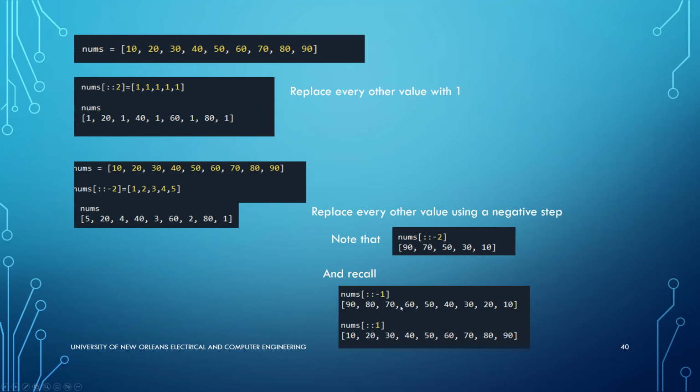So doing this nums colon 1 simply means that I'm accessing every element of the nums list, starting at index 0 and going one by one till the end. However, if I do it this way, with the -1, I'm reversing the order, starting from the last element.